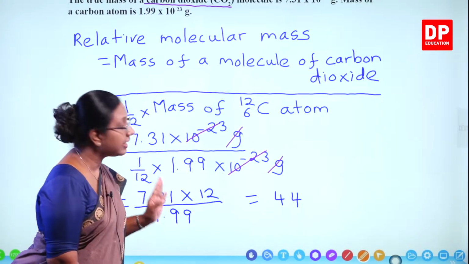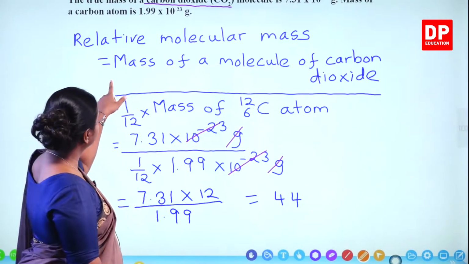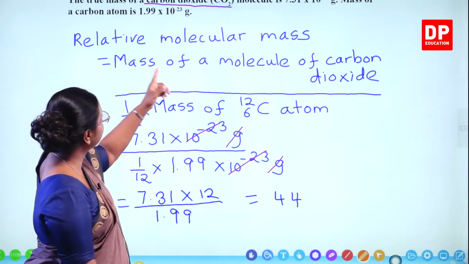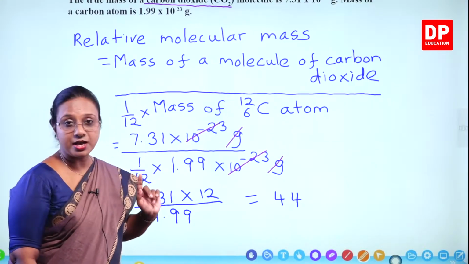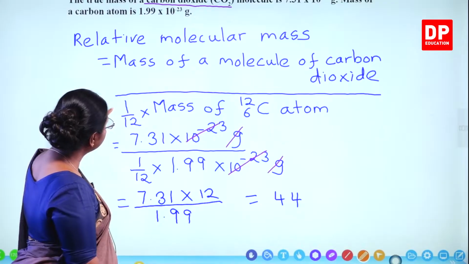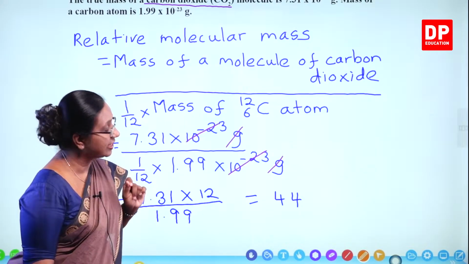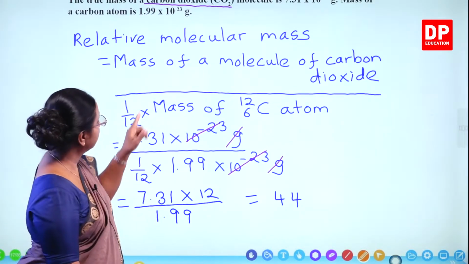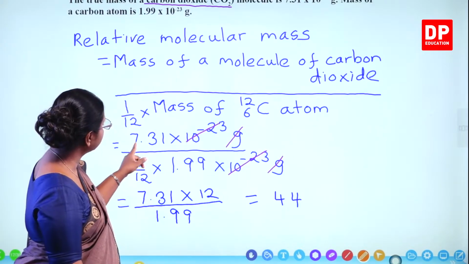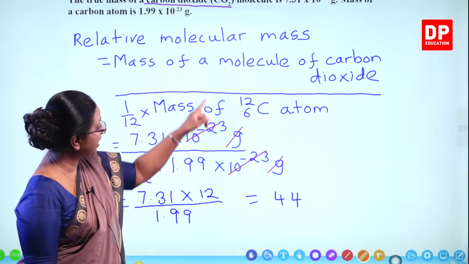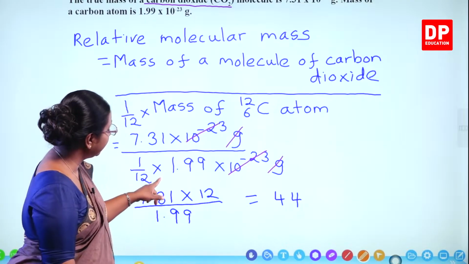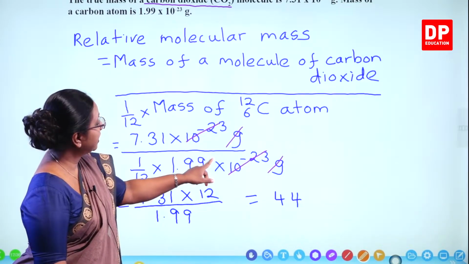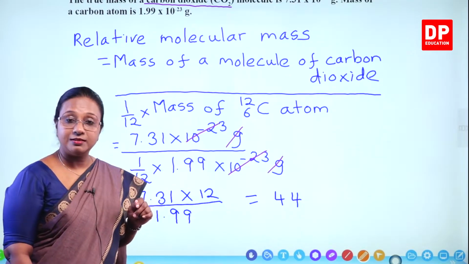This is a direct substitution. You should remember the equation for relative molecular mass. Mass of a molecule of carbon dioxide divided by 1/12 mass of 12,6 carbon atom. So directly we substitute the values 7.31 into 10 to the minus 23 grams divided by 1/12 into 1.99 into 10 to the minus 23 grams.